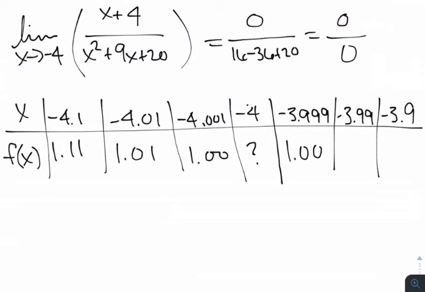And then you divide that by negative 3.999 squared plus 9 times negative 3.999 plus 20. And when you actually get it, my bad, it's 0.999. But when you round it up, it's going to be 1.000. Right? So now you do negative 3.99 plus 4. Then you do the same thing.